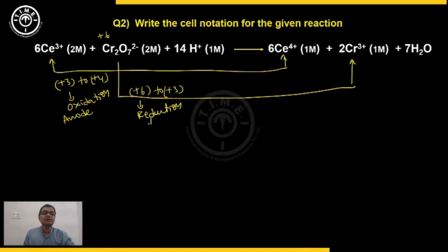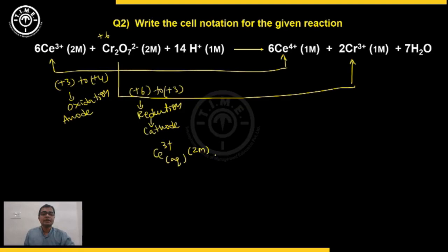Reduction reaction takes place at the cathode. Now first you have to write the anode. At the anode, cerium 3 plus ion, and mention its physical state. Its concentration is 2 molar. Okay?